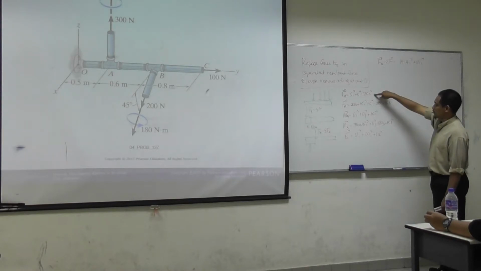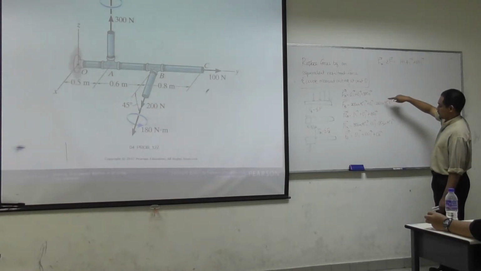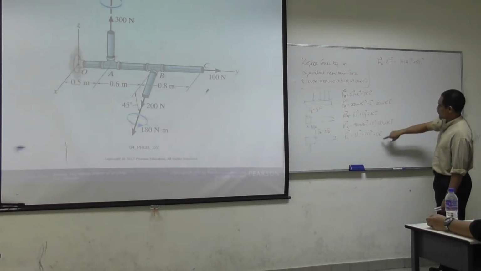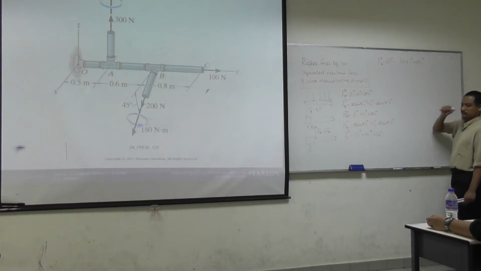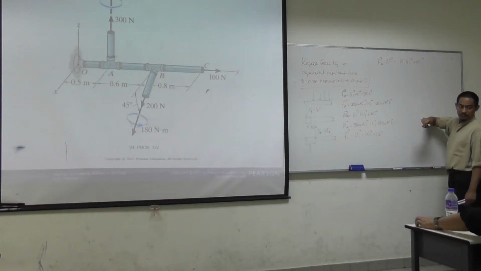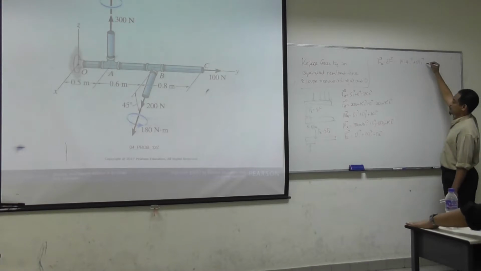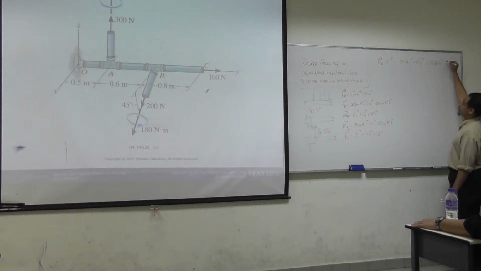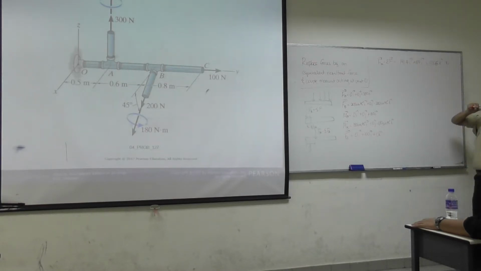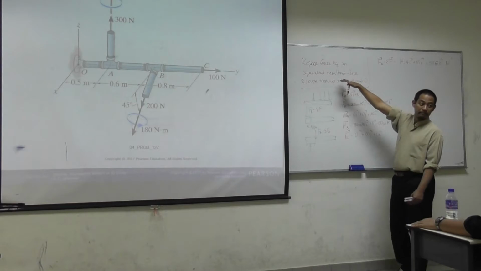For K, 300 plus 1, minus 1.1, becomes what? 160, 100. Plus, 1 plus 8, 6, 1, 6, something like that. Newton.